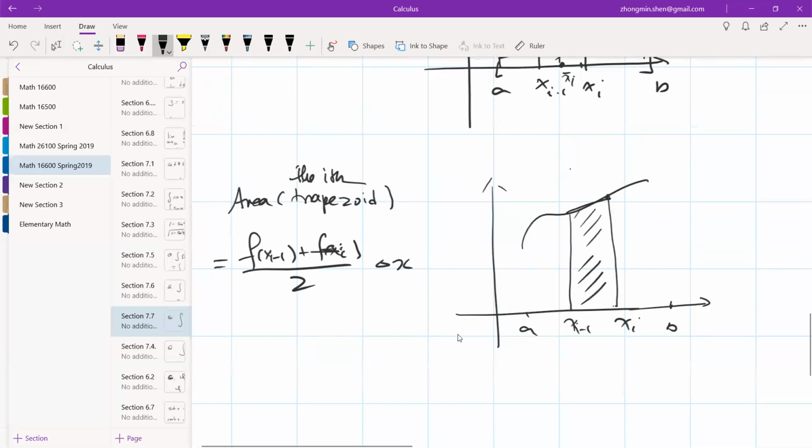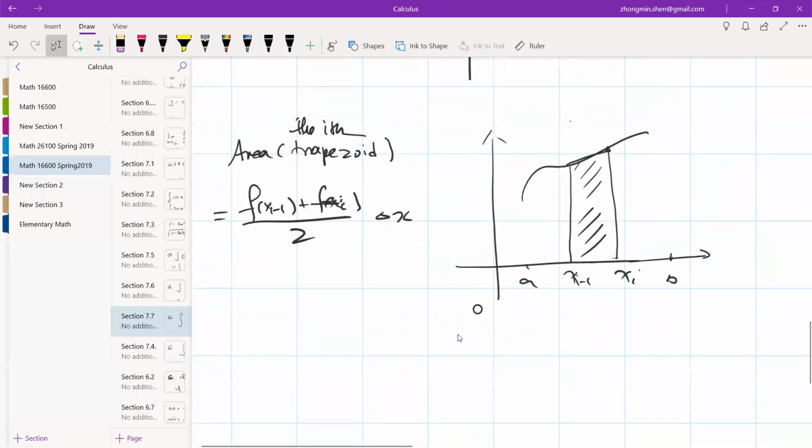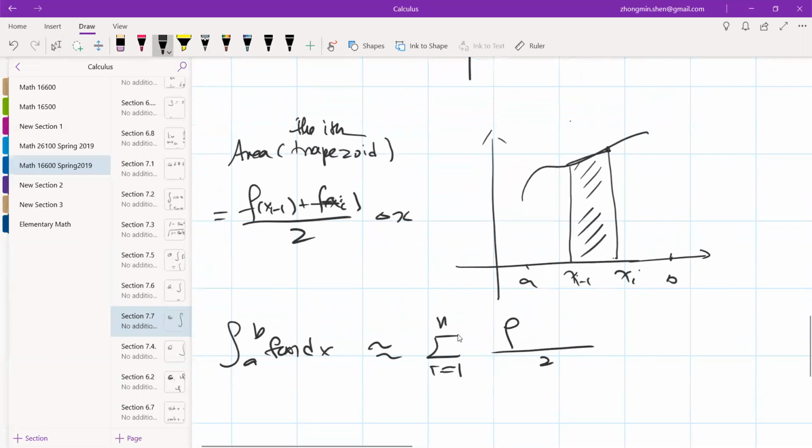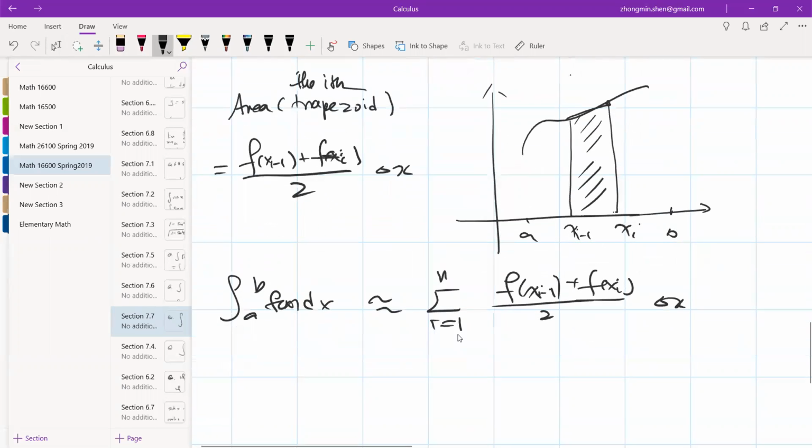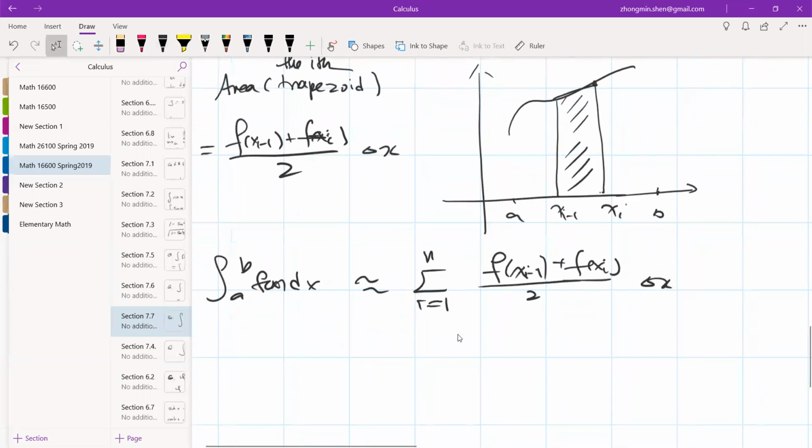That's it. This is probably even better approximation for the area of that region. So add them together, this is going to be the estimate, and instead of f of xi star, I use this sum. Next. Okay, so this is called the trapezoidal rule.